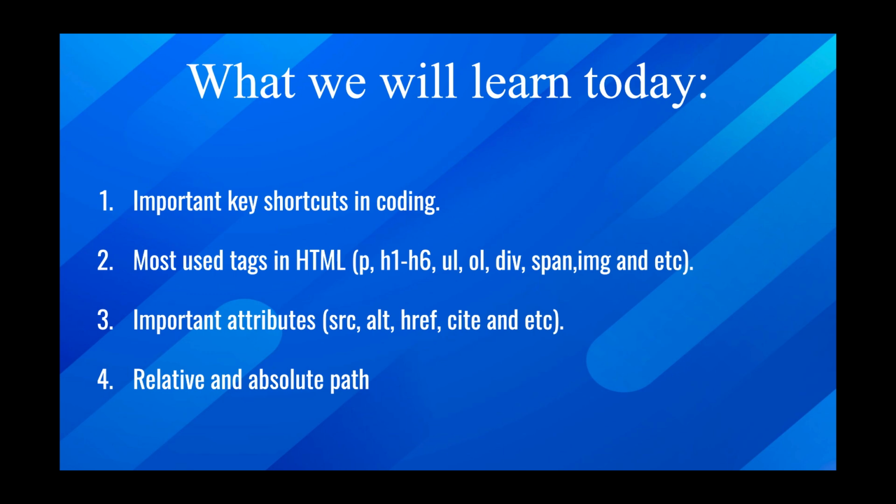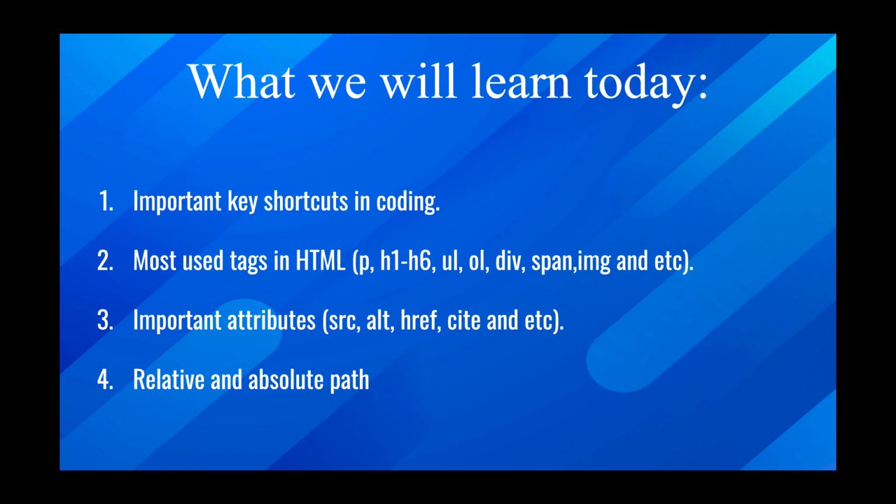In the previous section, I explained very generally about Visual Studio and about very general tags like body, header, and HTML tag. In this section, I will explain important keyboard shortcuts that we use in the code.